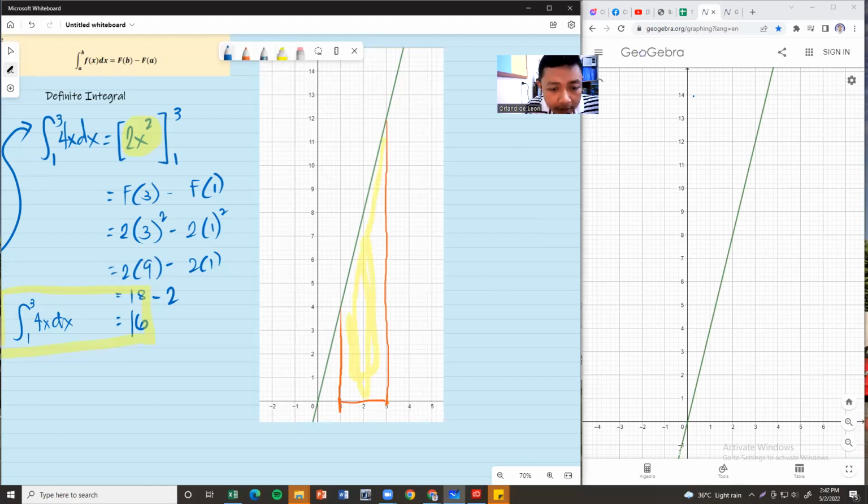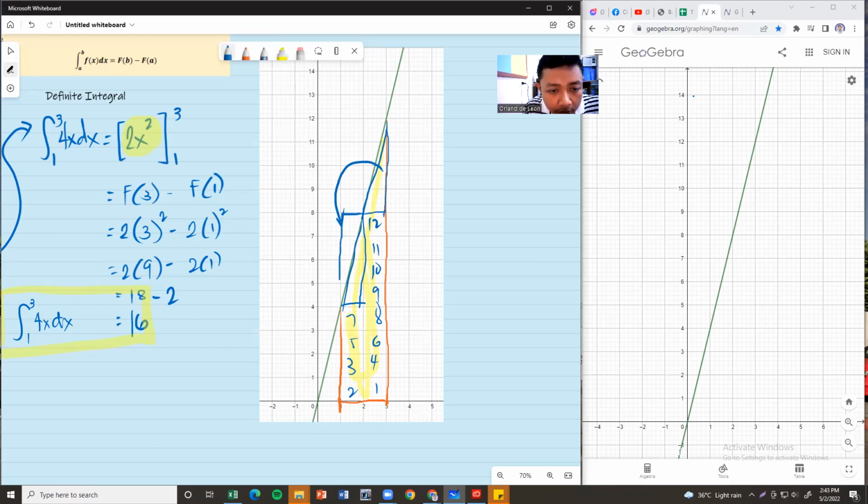Okay? Let's count. 1, 2, 3, 4, 5, 6, 7, 8, 9, 10, 11, 12. And look at this part and this part. If you can imagine it, if we twist this toward here, can you imagine?